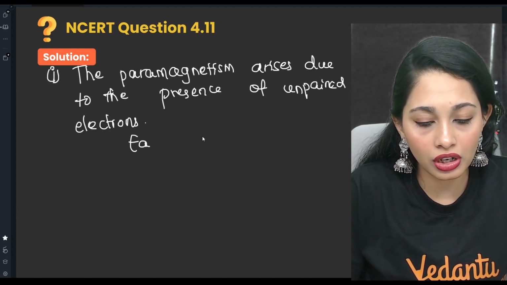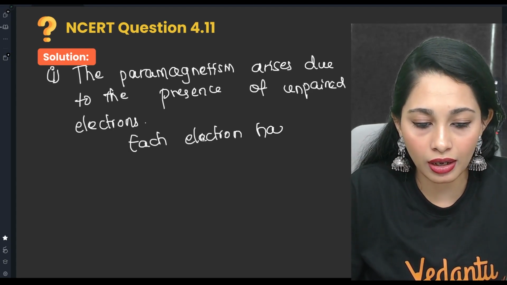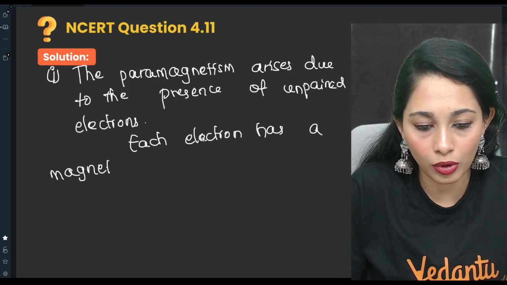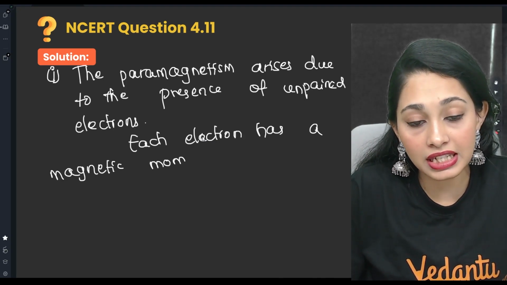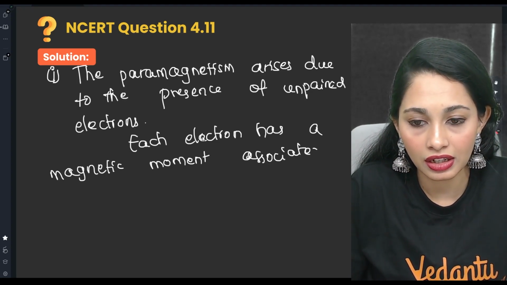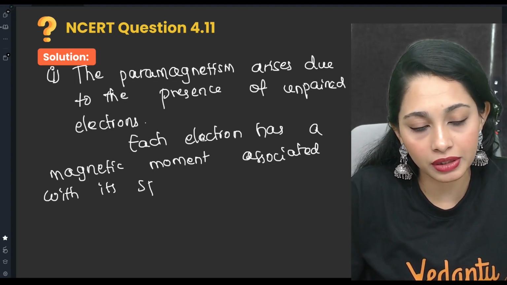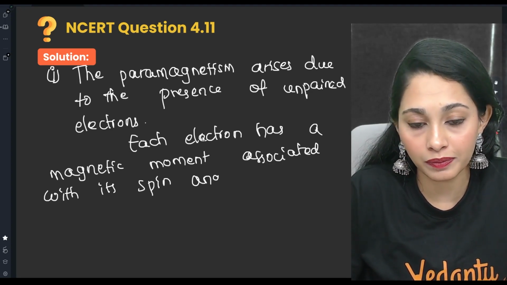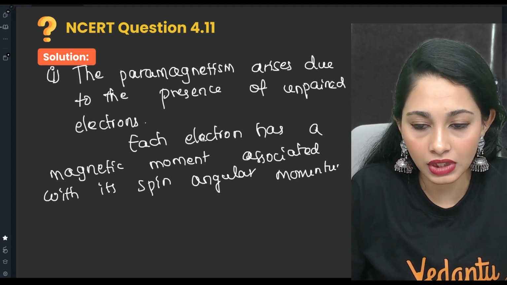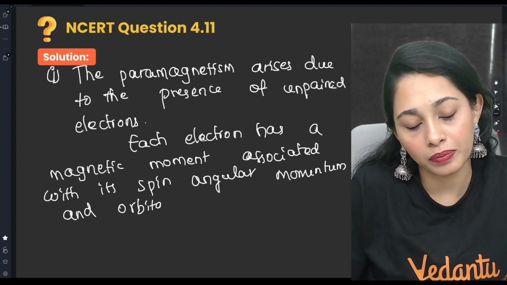So each electron has a magnetic moment that is associated with its spin angular momentum and orbital angular momentum.